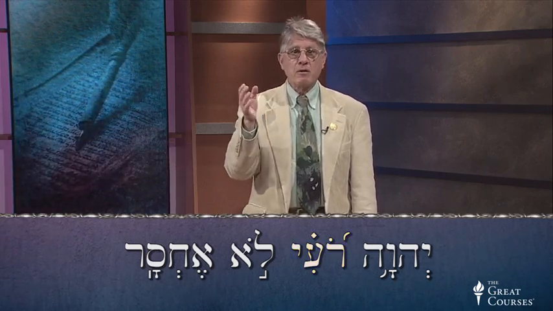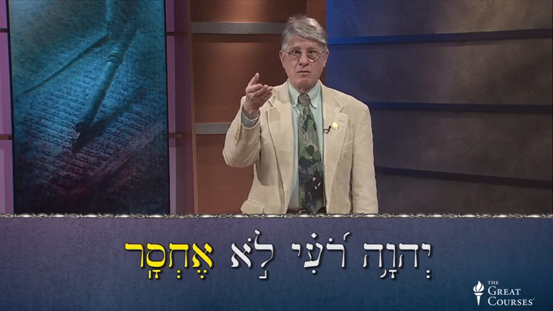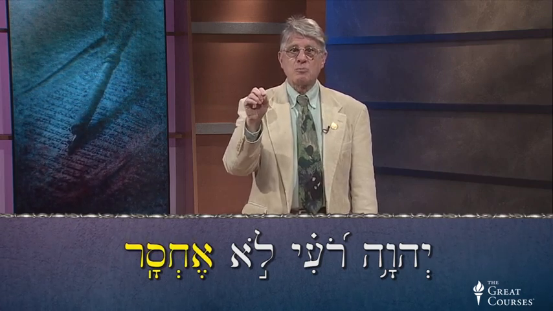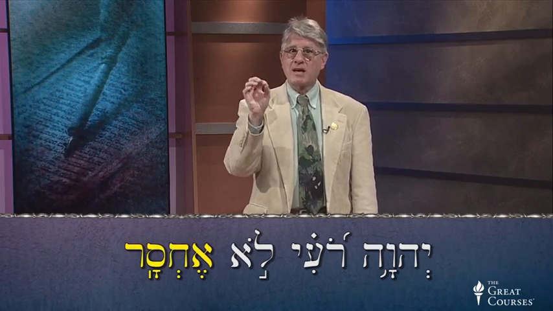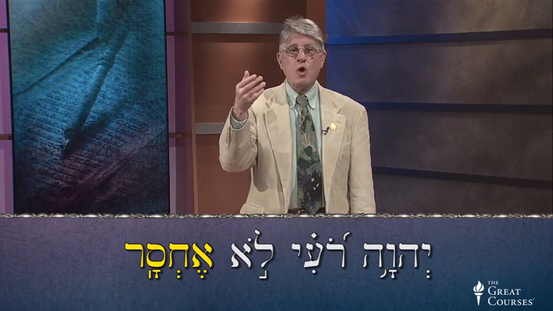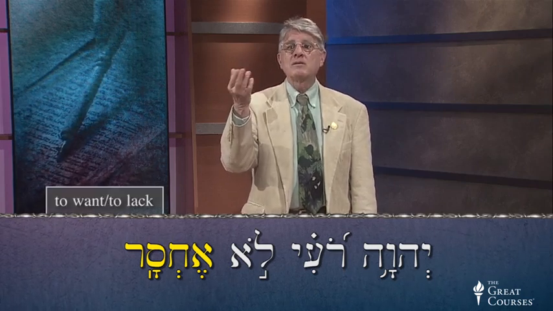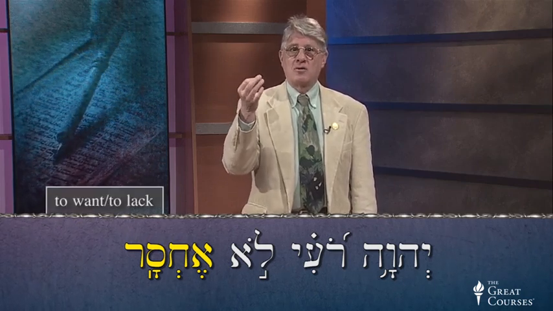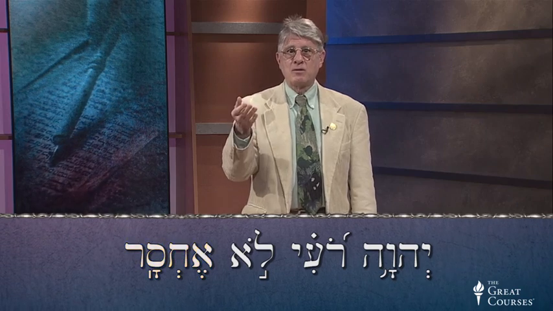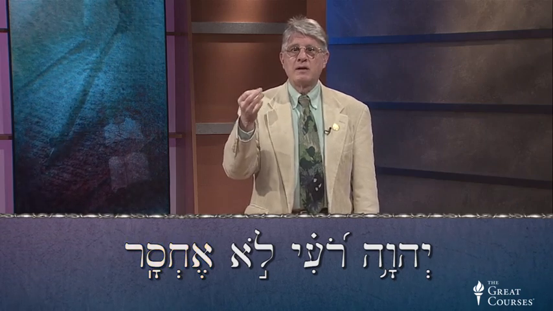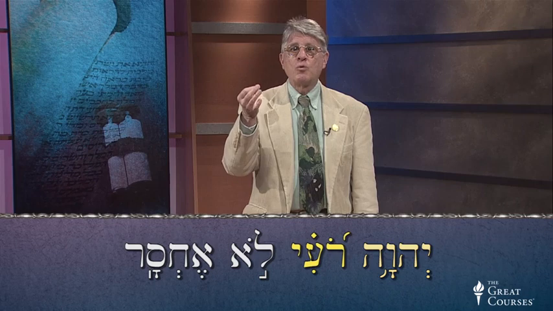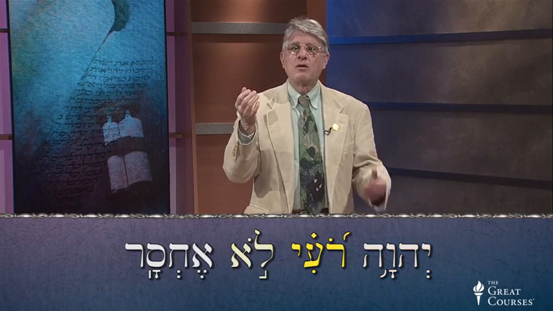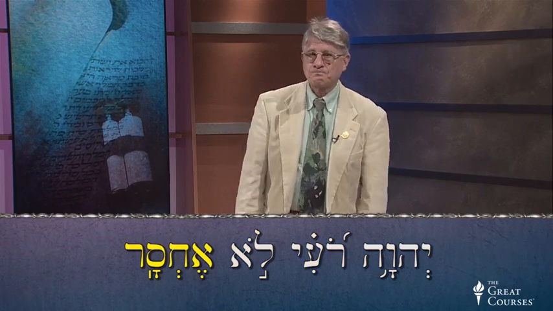And as long as we're here, echsar, first common singular imperfect verb from chet samech resh, to want or to lack. But in this psalm, I shall not lack anything because the Lord is my shepherd. Adonai ro'i with an ayin, lo echsar.